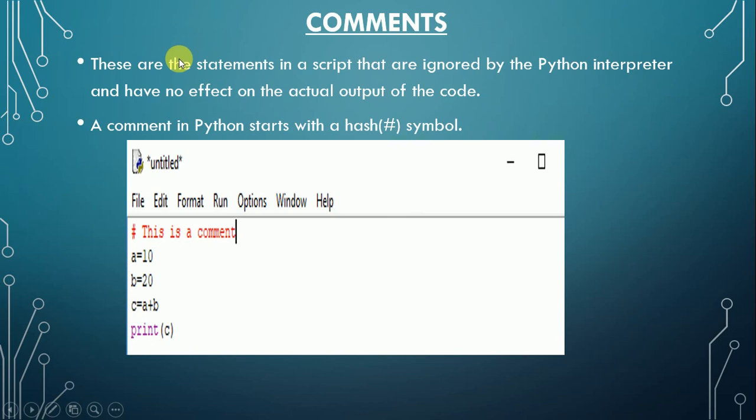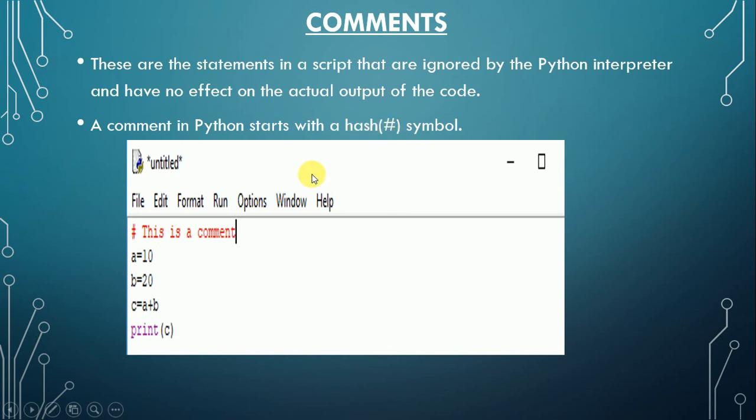Comments. These are the statements in a script that are ignored by the Python interpreter and have no effect on the actual output of the code. Comments are those statements in a Python script which are only used for proper understanding by the user of the program, and it starts with a hash symbol.